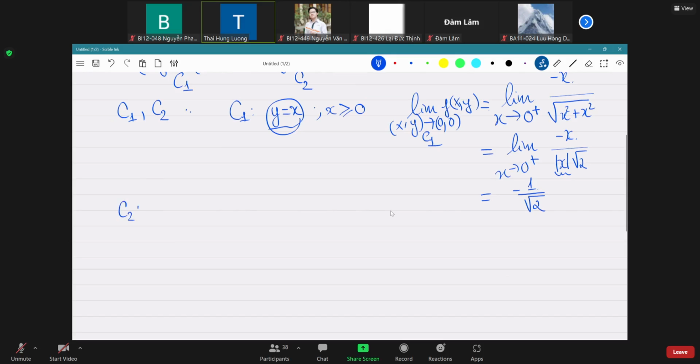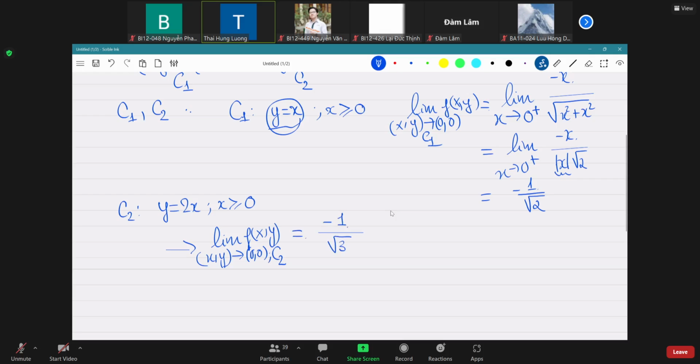For the other path, I will take y equal to 2x, and again x non-negative. Similarly, I can find the limit along this path c2 into 0, 0, and it will give you the value -1/2 square root of 3.